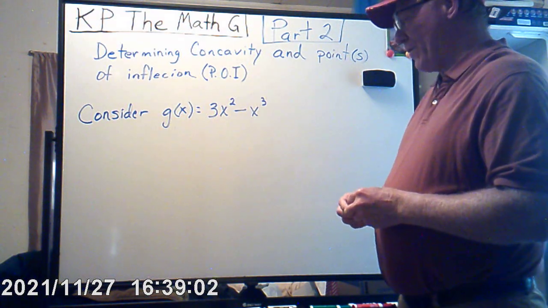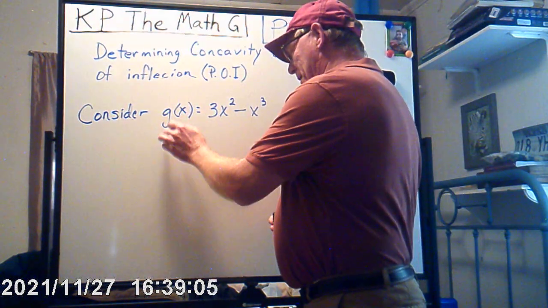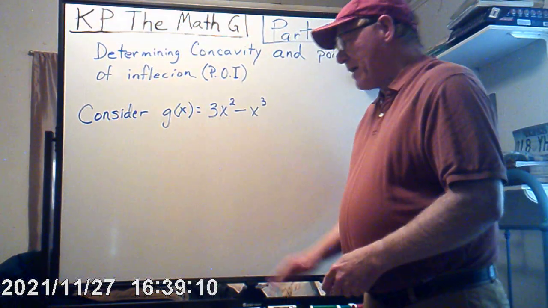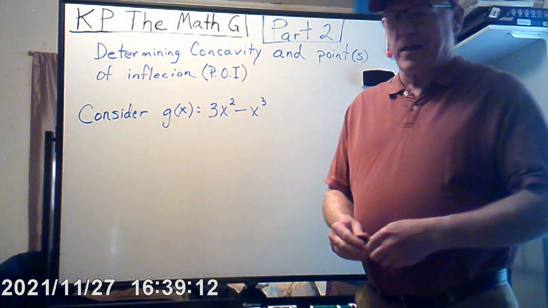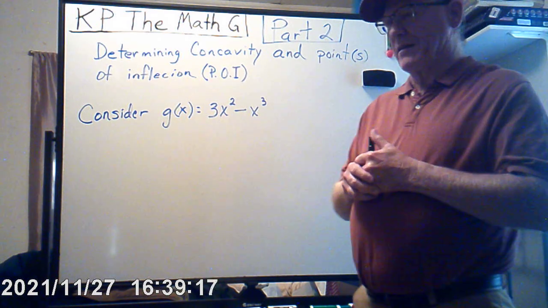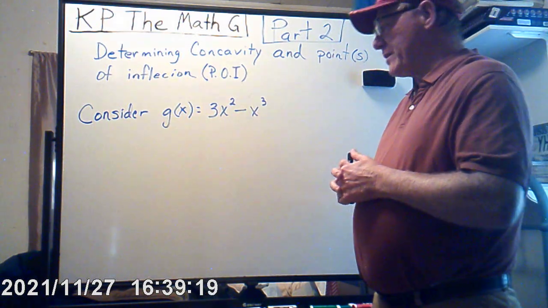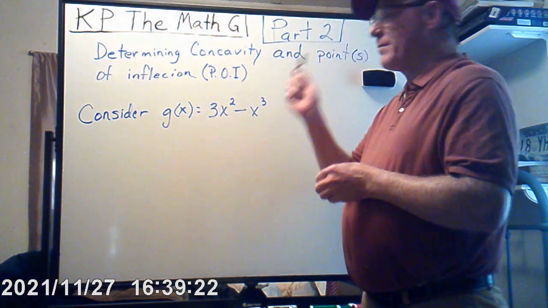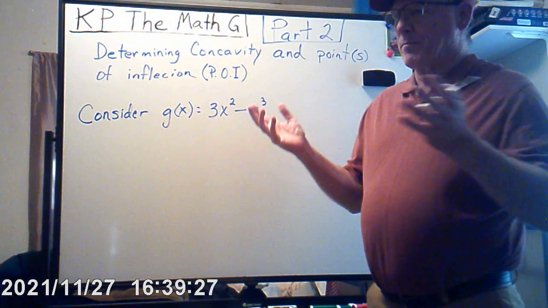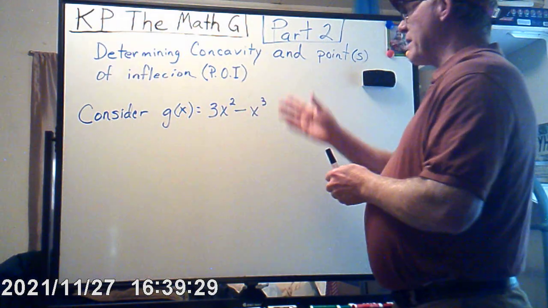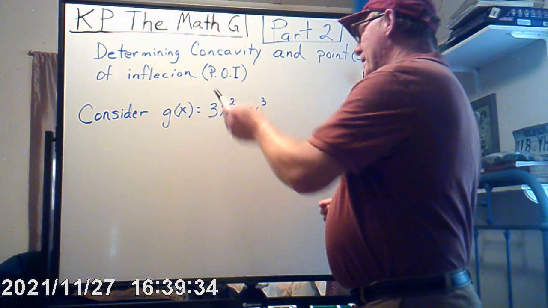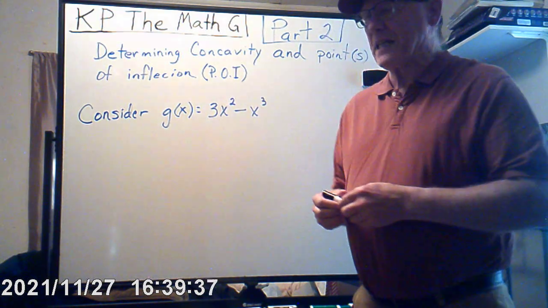So even if we didn't graph g of x, we could still figure out where g is increasing or decreasing by the first derivative, and by the second derivative we could find points of inflection. And if you have a point of inflection, you definitely have concavity.